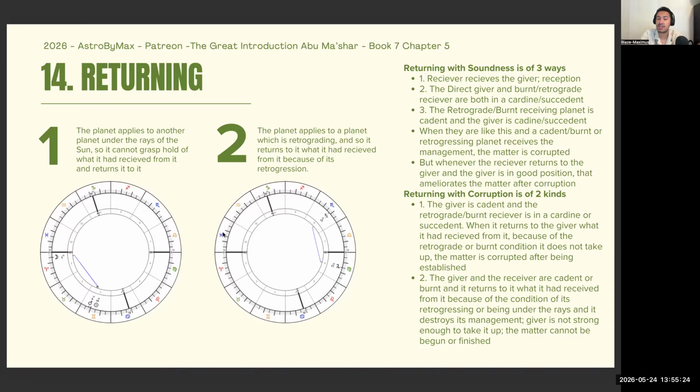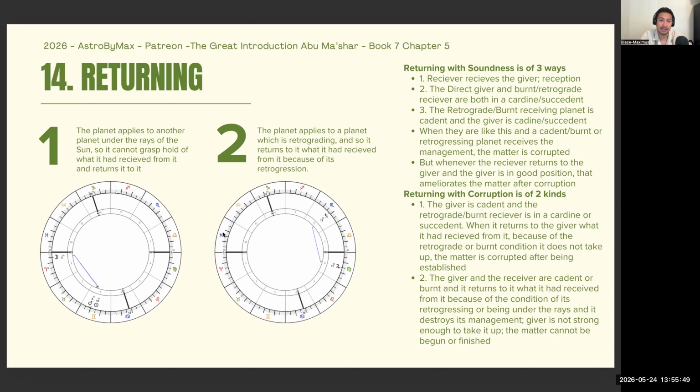And the second condition here is that the giver and the receiver are both cadent, or they are both burnt, and it returns to it what it had received from it because of the condition of its retrogression or being under the rays, and it destroys the management. The giver is not strong enough to take it up, and the matter cannot be begun or finished.